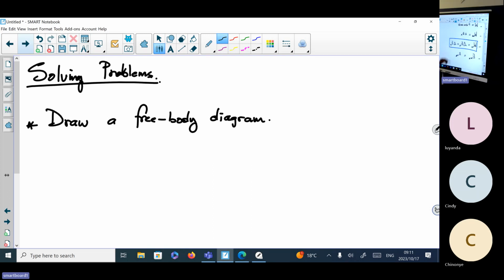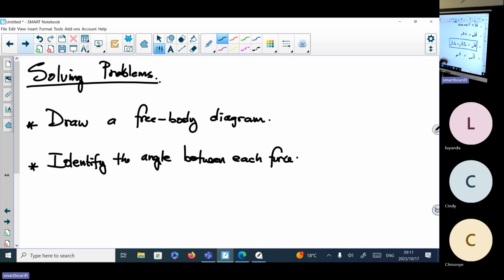So we need to identify these forces, then draw a free body diagram. And then secondly, once we have done that, we need to identify the angle between each force and the displacement.